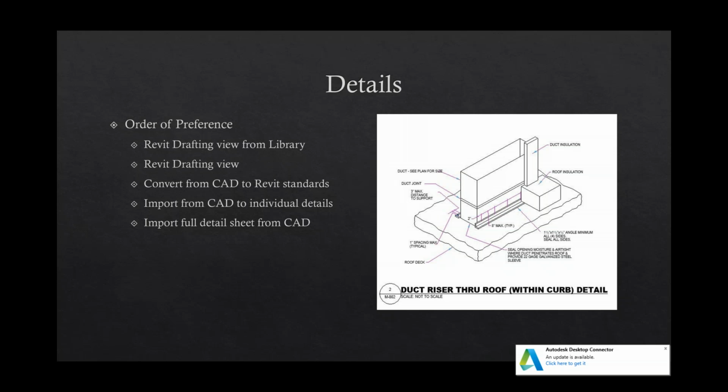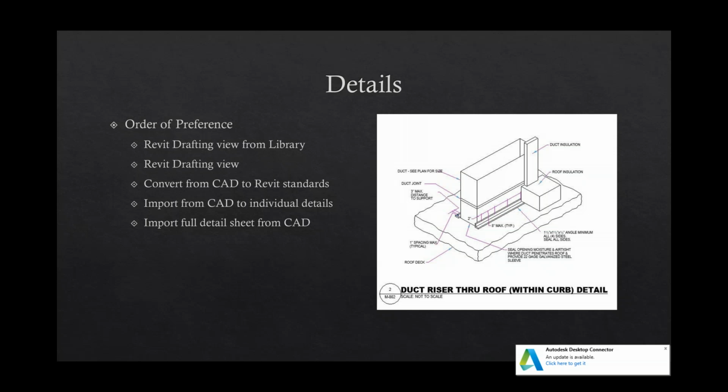I do want to test within my group whether it's better exporting from Revit to CAD for detail libraries, which I think can work, but then the problem is, and I'll get into this more later, bringing from CAD to Revit brings a lot of extra gunk with it.